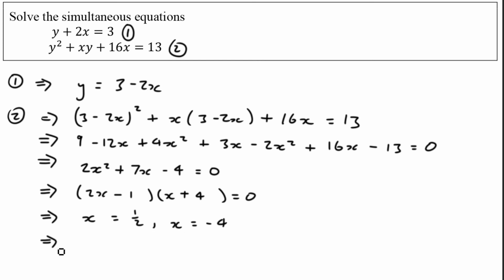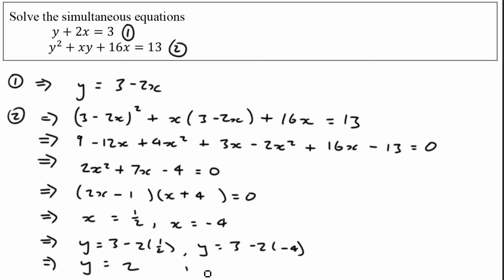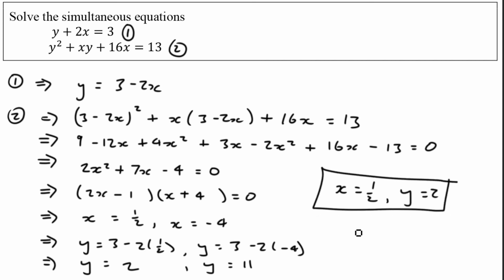And the y values that go with them will be a y of 3 subtract 2 lots of a half, or 3 subtract 2 lots of negative 4. So we will have a y value of 2 or a y value of 11. So our answers are either x is a half and y is 2, or x is negative 4 and y is 11.